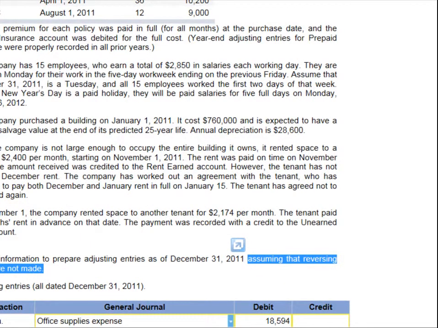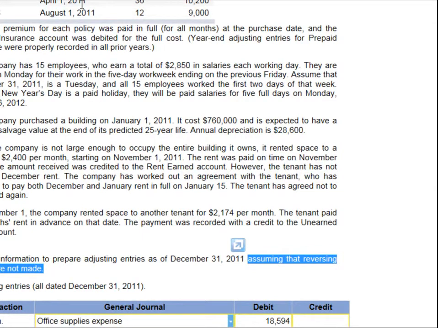So if we take a look here, we'll go down the line, $11,400 divided by 12 months. That gives us $950 per month. April 1st, 2011, that policy, $10,200 divided by 36, gives us $283 rounded down. And $9,000 divided by the 12 months gives us $750.